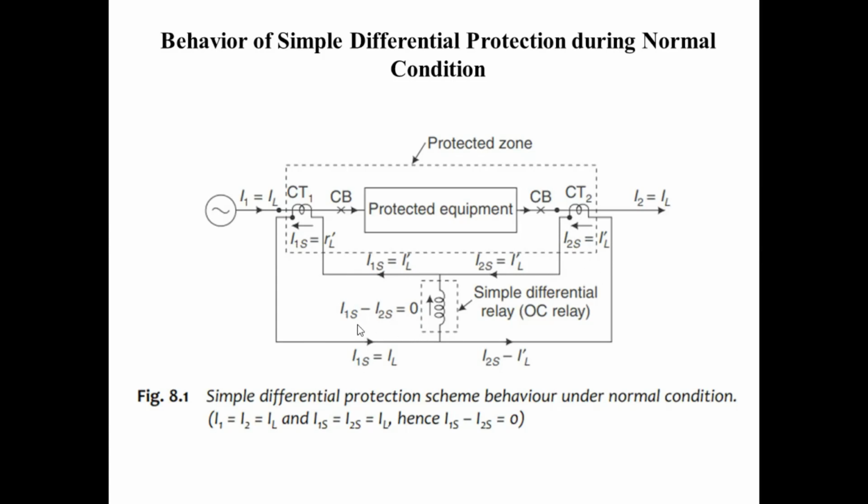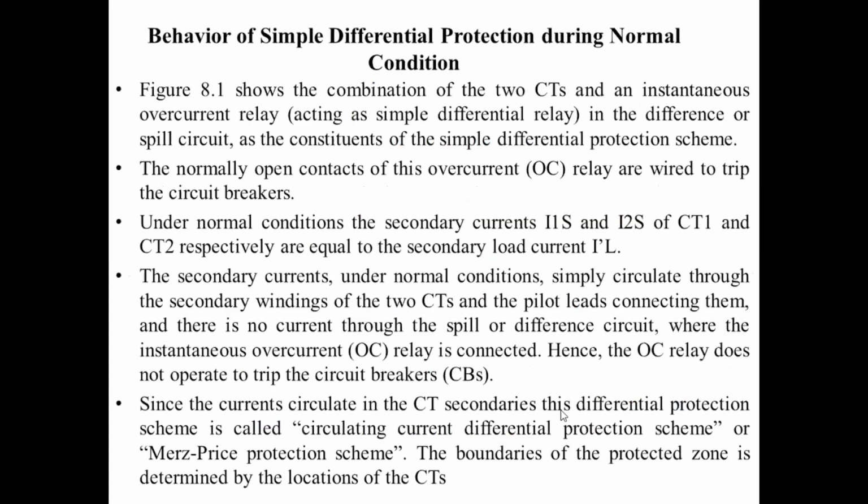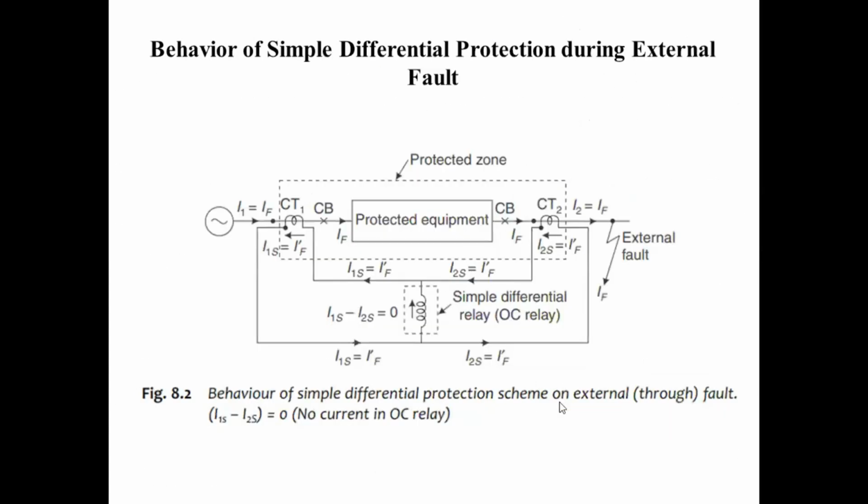When this difference is 0, this is the normal operating condition. The relay is not operated under healthy conditions. This type of protection is also known as the Merz-Price protection system.